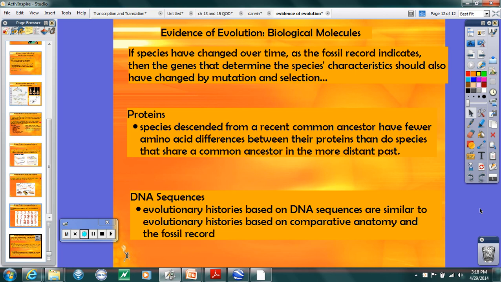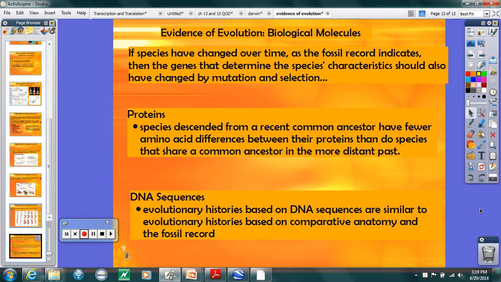If you look at specific biological molecules like proteins or DNA sequences, you can see similarities between closely related organisms. Species that have descended from a recent common ancestor will have fewer amino acid differences between their proteins than species that share a common ancestor in the more distant past.